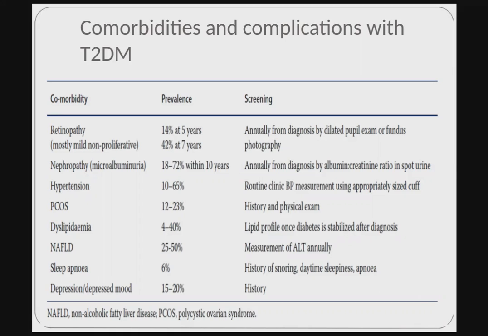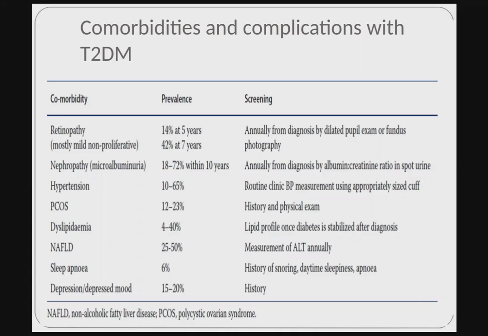So there is annual screening by measuring the urinary albumin creatinine ratio in a spot urine. Hypertension is seen in 10 to 65% of them, and routine clinic blood pressure measurements using an appropriately sized cuff should be done. While PCOS may be seen in 12 to 23% of them, so history and physical exam is germane.